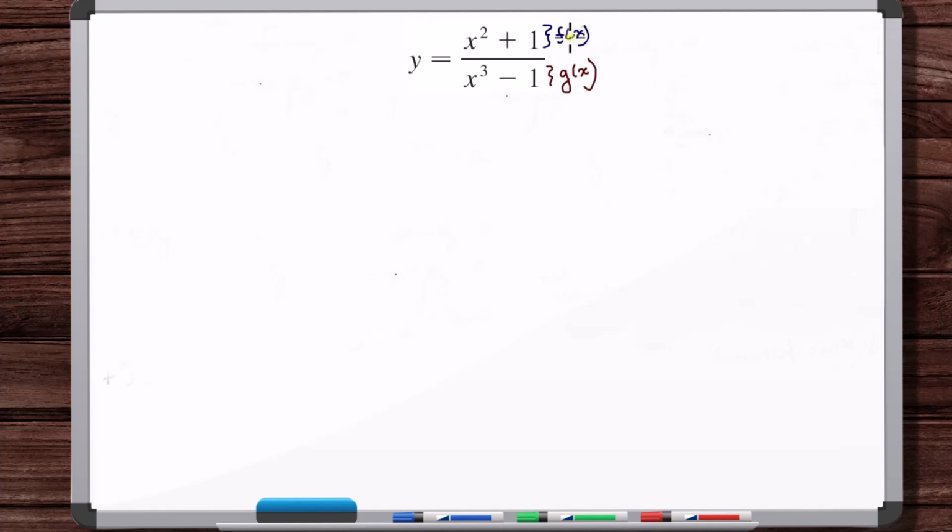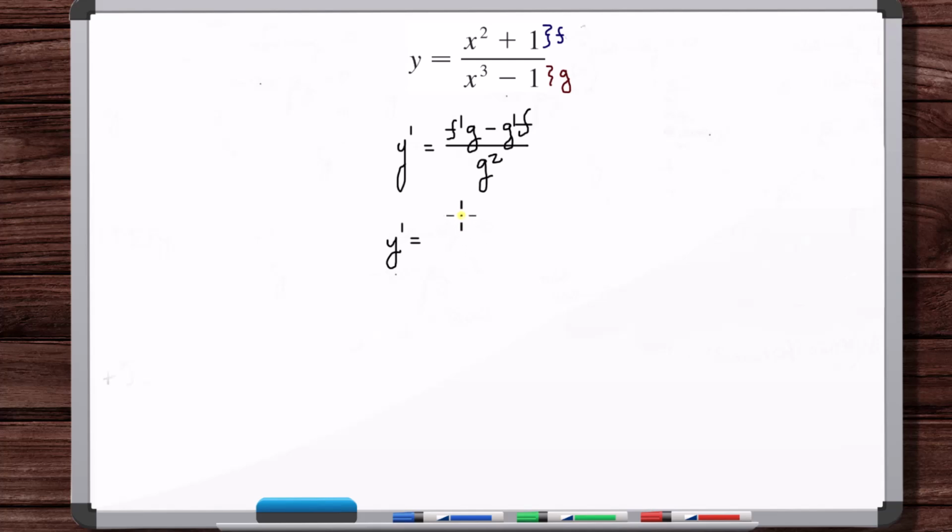I mean, to make it simpler, we could just call it f and g. All right, so y prime is equal to the derivative of the top times the bottom minus the derivative of the bottom times the top all over the bottom squared. That's the quotient rule.